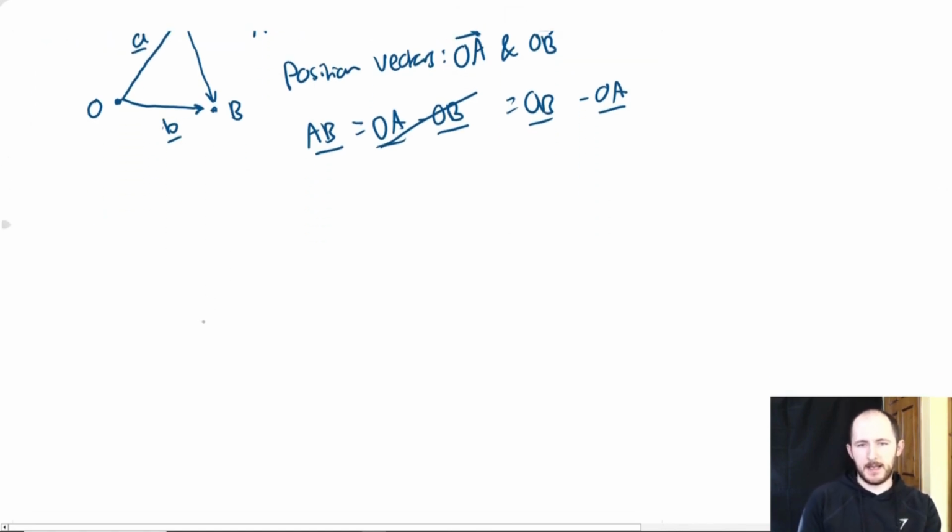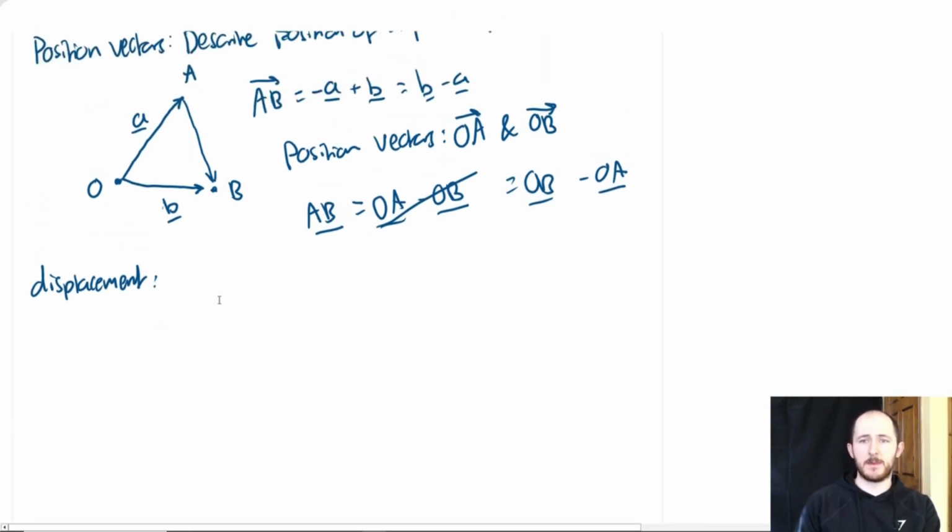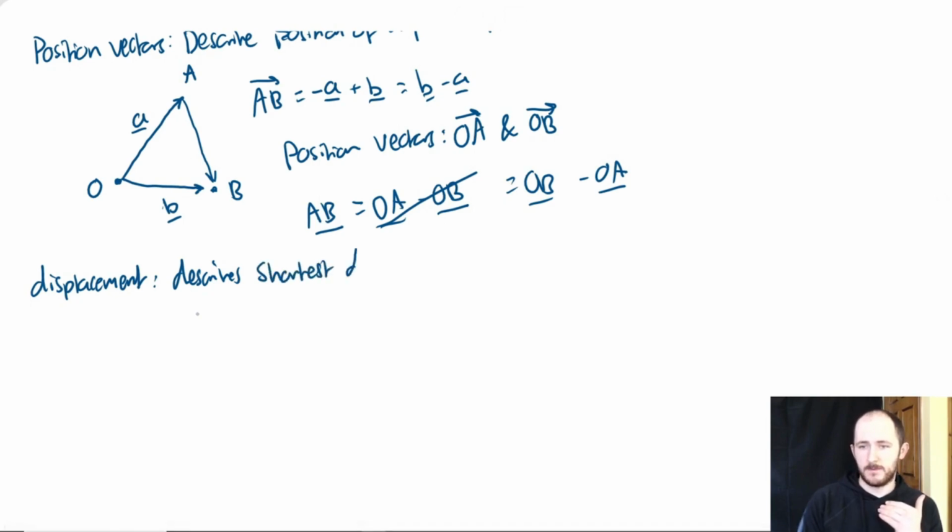Okay, and just a few other terms that you need to know about. So displacement vector, we've gone through what that is as a vector. So it's basically what AB is in this sense. So it describes the distance between 2 points. However, there's one caveat here. It actually describes the shortest distance between 2 points.